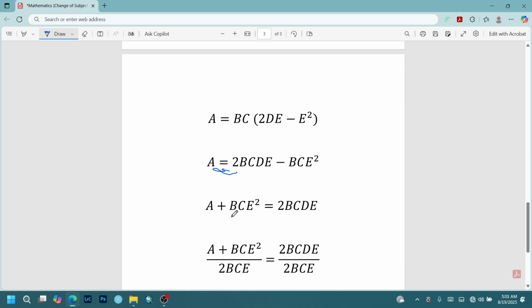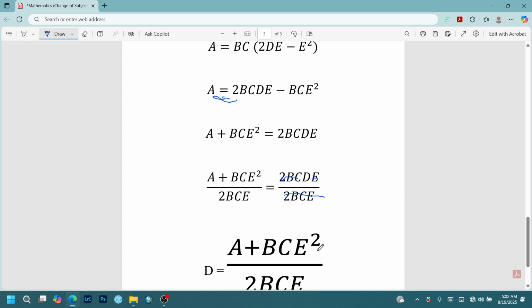And when we come to our left hand side of the equation, we are going to have the fraction a plus bce squared divided by 2bce, right? So from here we have to do some cancellations. So 2bc will cancel itself out. It will cancel 2, cancel bc, and cancel also e, leaving d to be the subject of our relation.